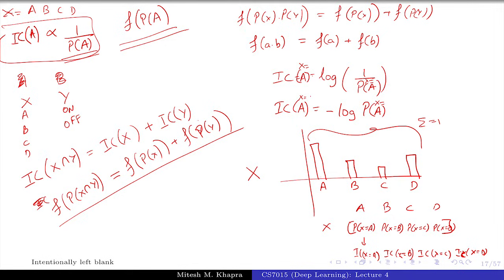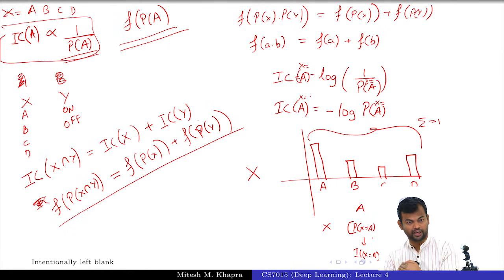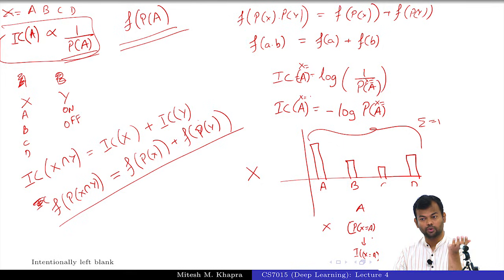Now, if I ask you, what is the entropy of this random variable x? Remember, I had this case where I was betting, and with every outcome I had a value associated with it. I had the same situation here. With every outcome I have a probability, and I also have a value associated with this, and the value is the information content.